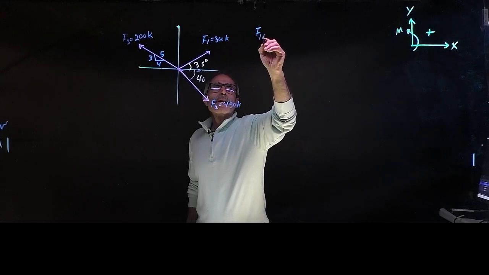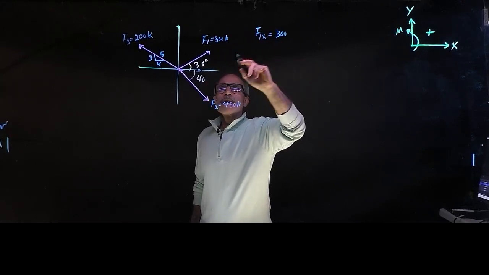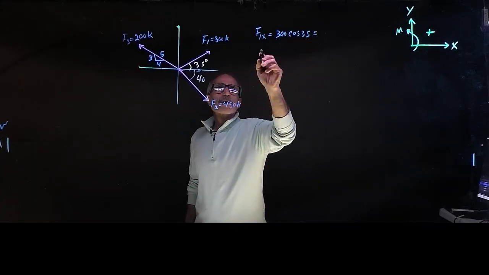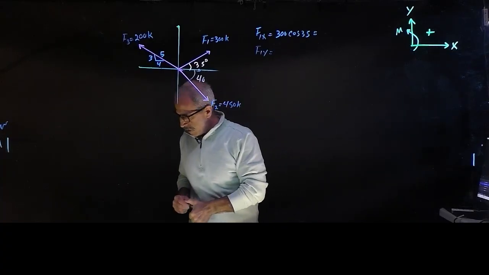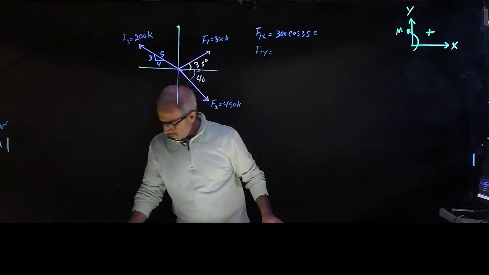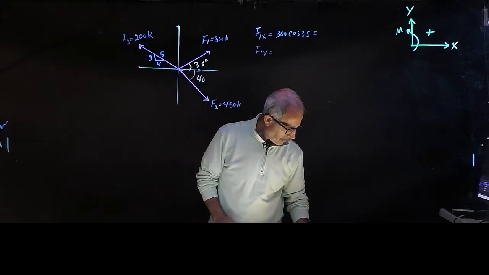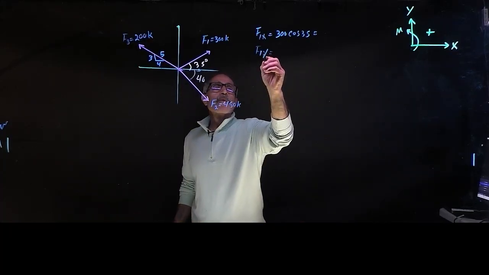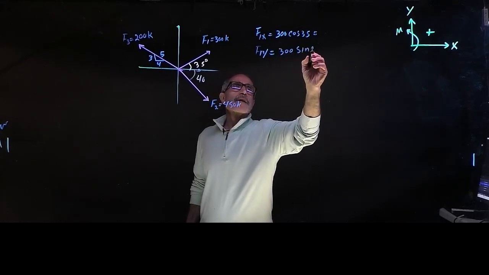F1x is 300 times cosine 35, whatever that comes out to. F1y is equal to 300 sine 35.